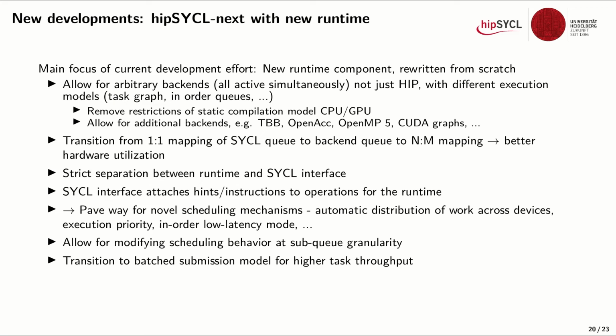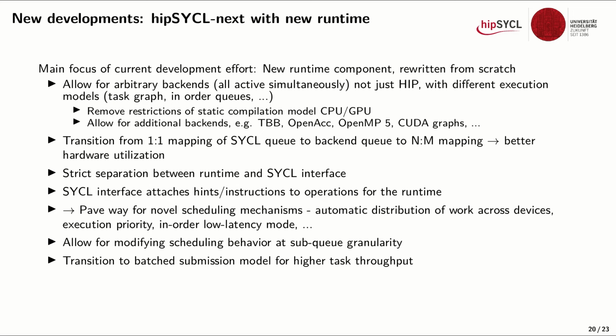Some backends may be task graph based, others may be based on in-order queues, and so on. This would then also remove the restrictions regarding the static compilation model to decide between CPU or GPU, and would also allow us to add additional backends such as TBB or OpenACC, OpenMP 5, CUDA graphs, whatever.